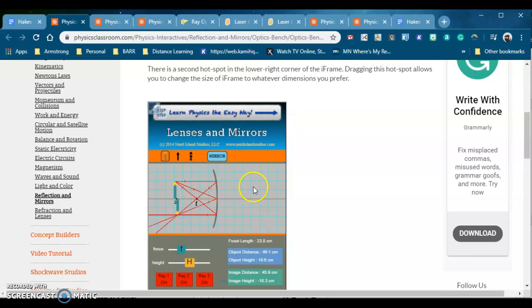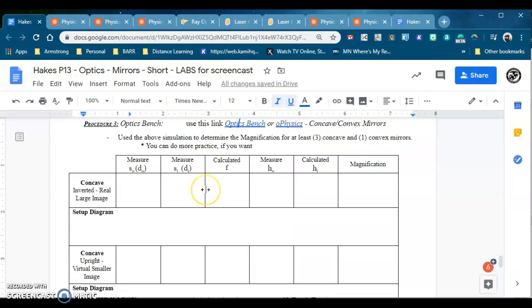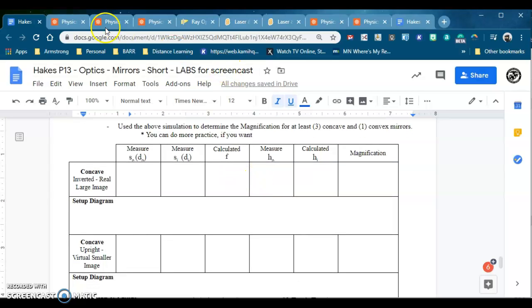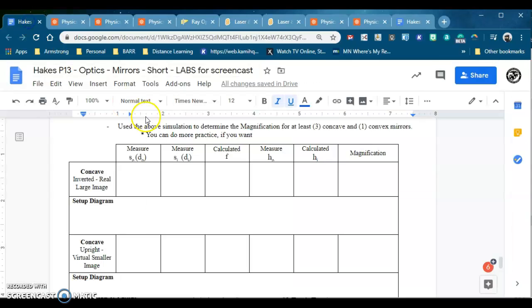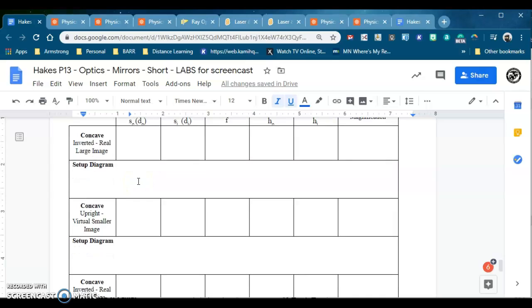So, mess with those. See if you can get these calculations. If you look on the simulator here, it shows you the object's distance, the object's height, the focal distance. So when you do your calculations, see if you end up with the same number as they're giving you in the simulator.